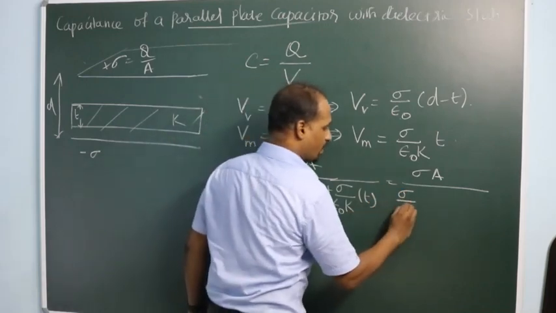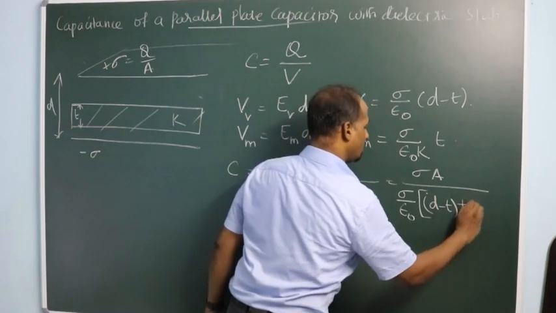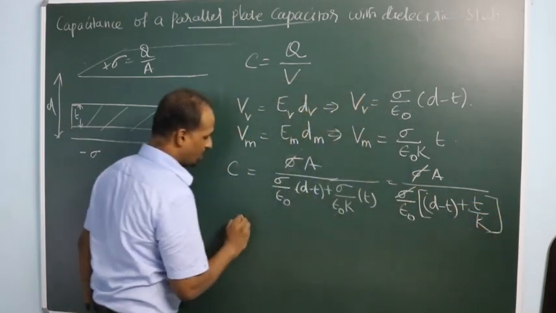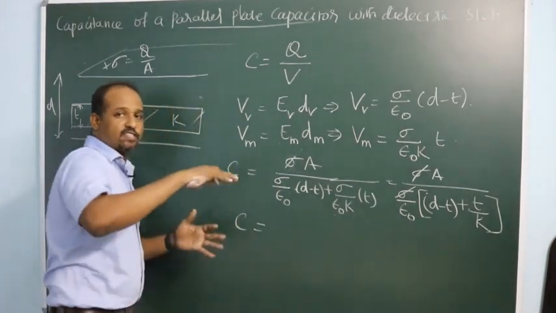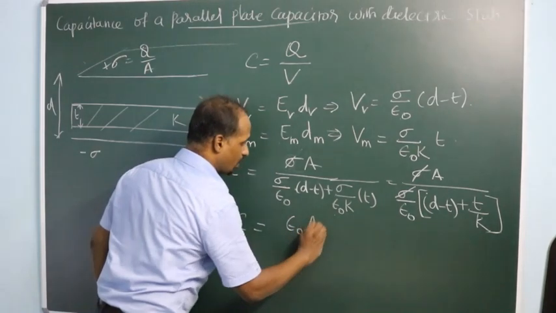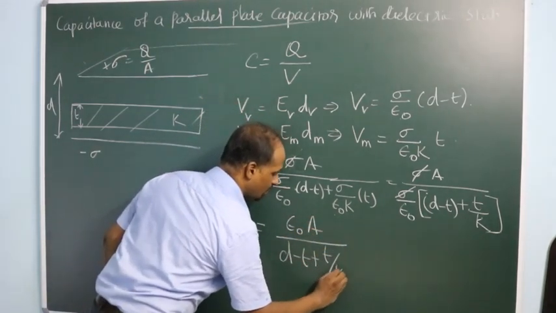You can take sigma by epsilon naught times d minus t plus t by K. Then sigma and sigma will be cancelled. Then the capacitance with a mix of both dielectric medium and vacuum will be equal to epsilon naught A by d minus t plus t by K.